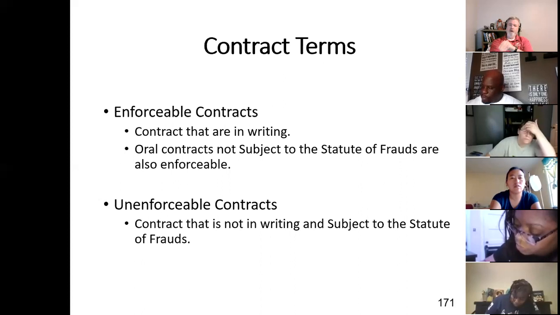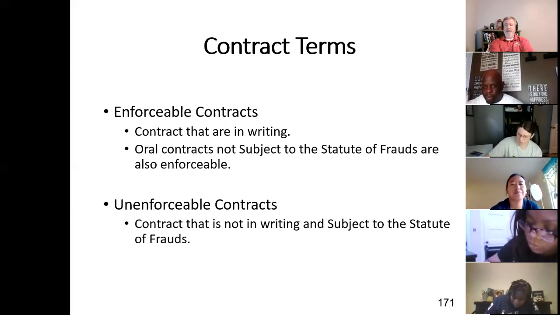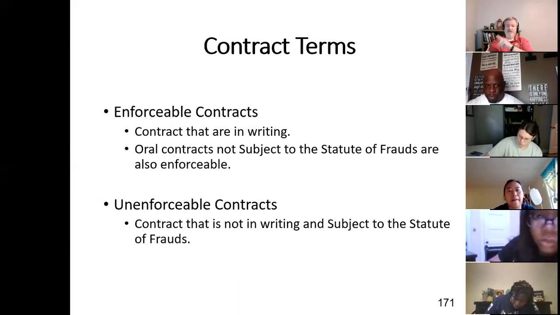So if you go to court suing the other party to do or not do something, would this be enforceable in court? That's the question we're asking. Or would it be unenforceable? And I will tell you, the simple answer is, if the contract is valid, then it would be enforceable in court.